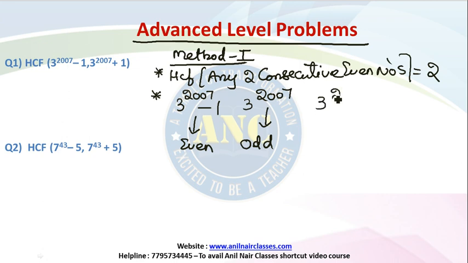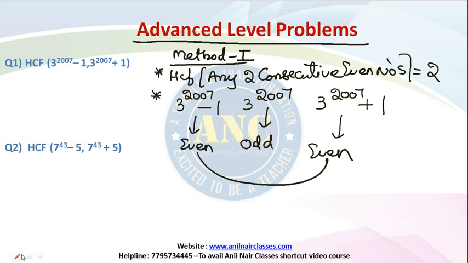Next is 3 power 2007 plus 1: odd number plus 1 is an even number. But if you observe, these two are consecutive even numbers, and the middle value will be an odd number.